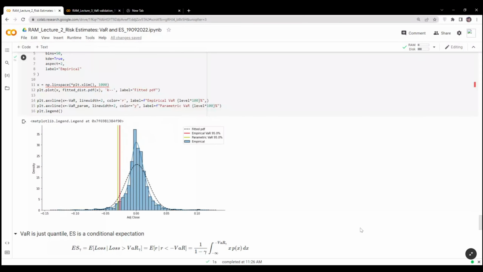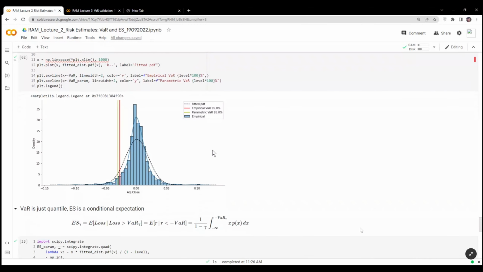Maybe if I change this confidence level, I won't be able to get more conservative estimates compared to the empirical one. But we'll see.